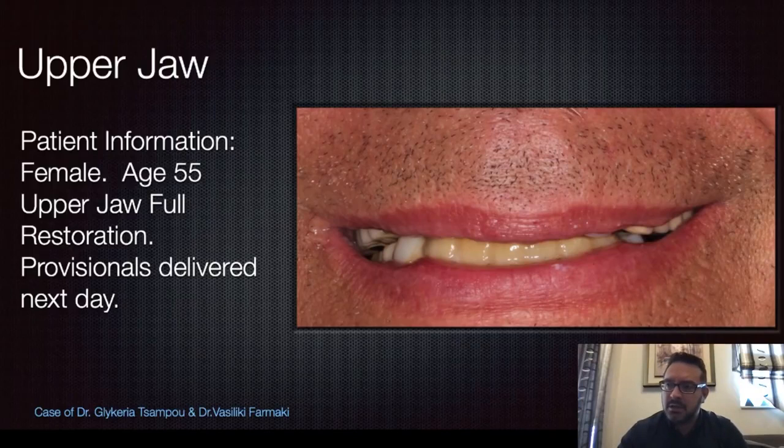The immediate provisional came the next day, as it was a very complex case. We placed implants into the extraction sockets, and in these cases we cannot be so sure if the position will be as we planned in the R2Gate software, because it happens once or twice.